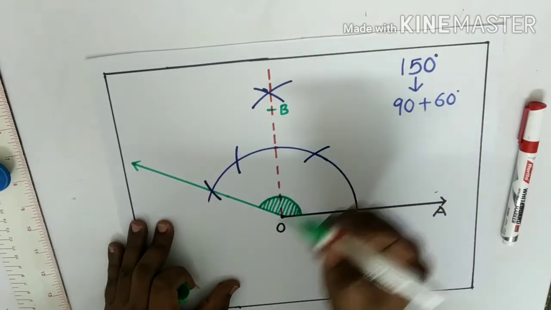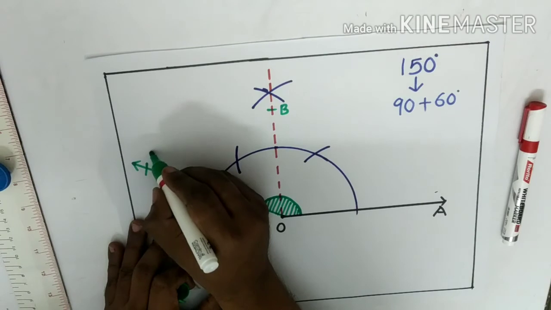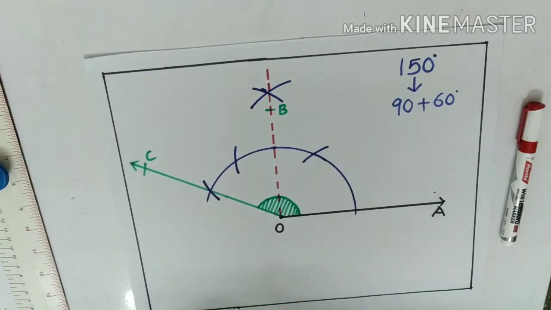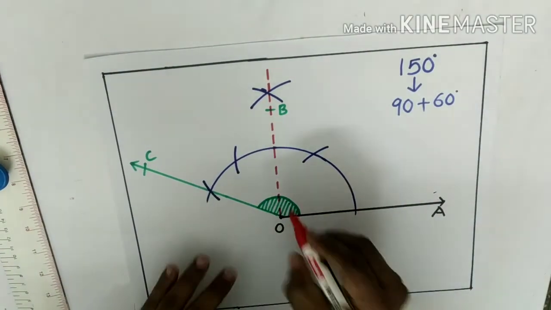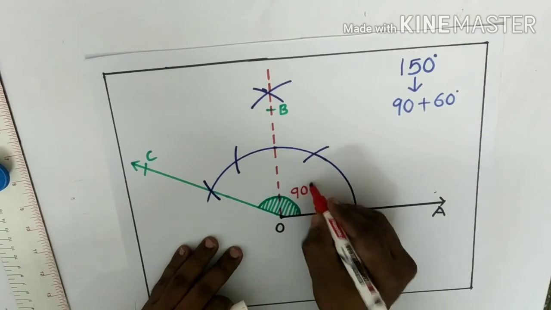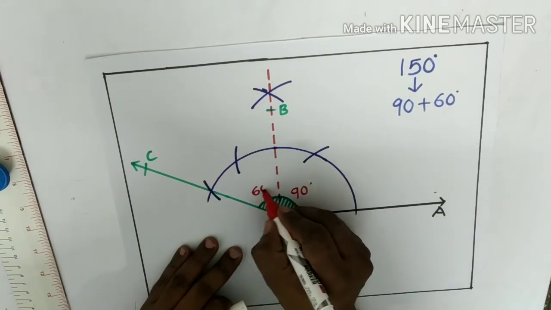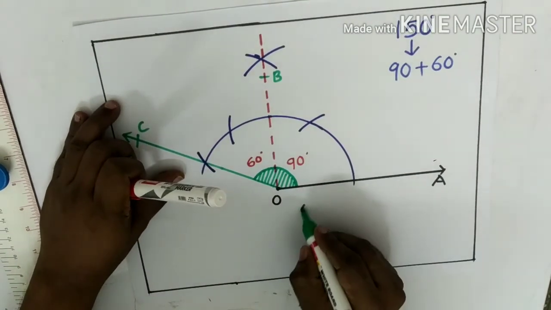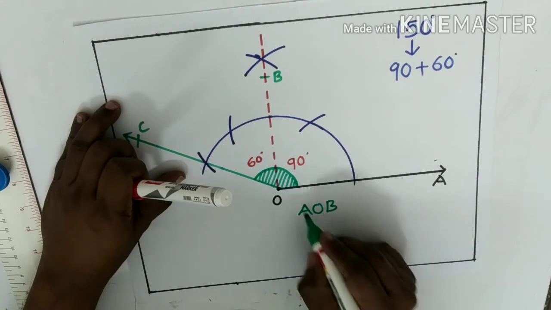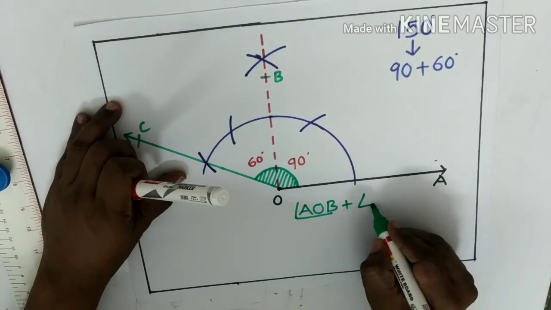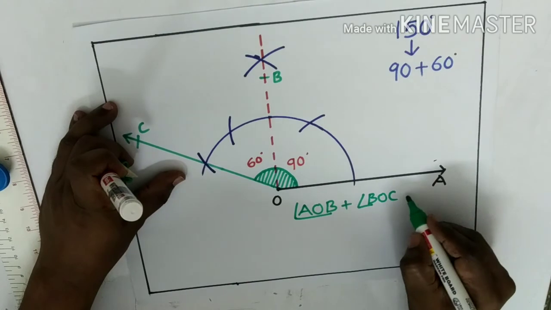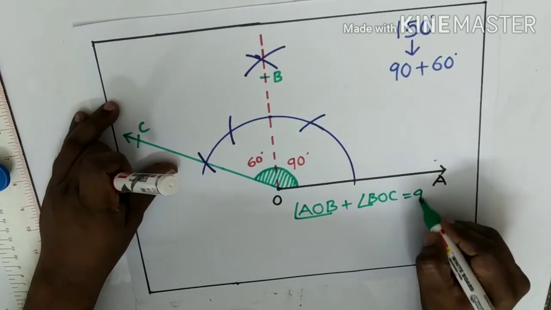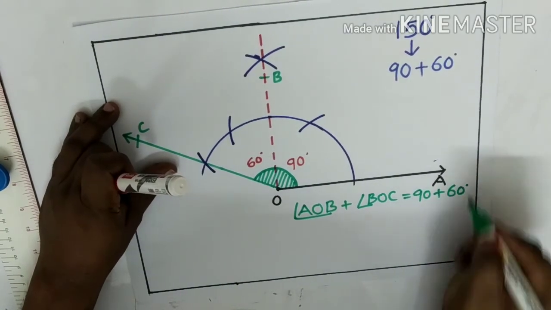Angle AOB 90 degrees, angle BOC 60 degrees. The total is 150 degrees. Angle AOB plus angle BOC is equal to 90 plus 60.